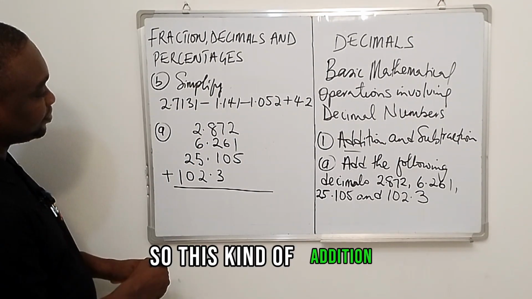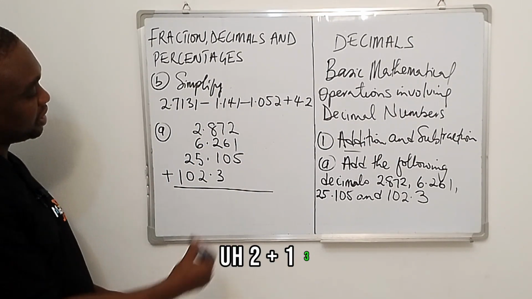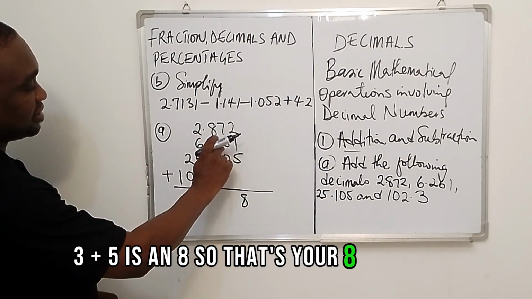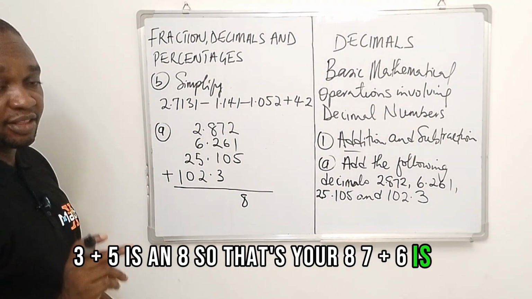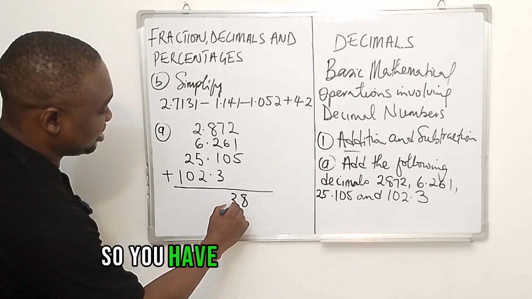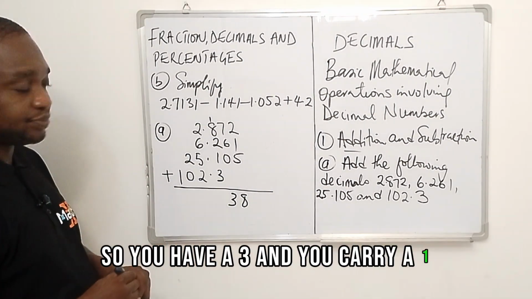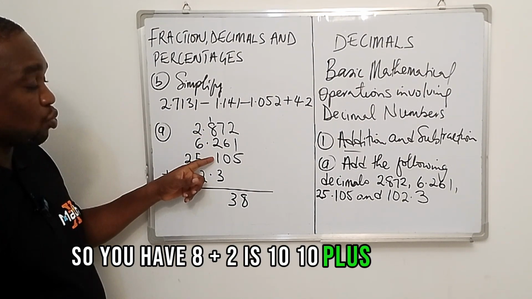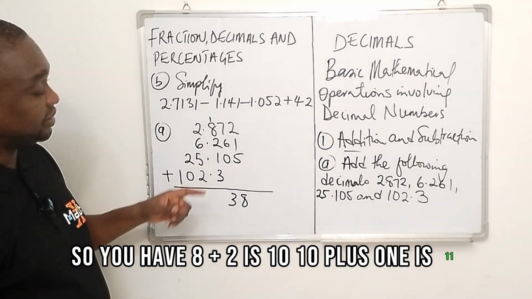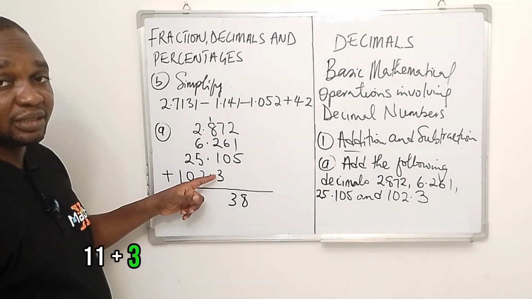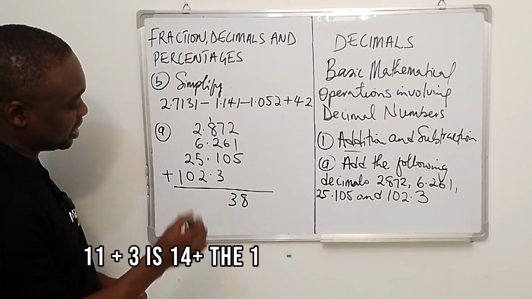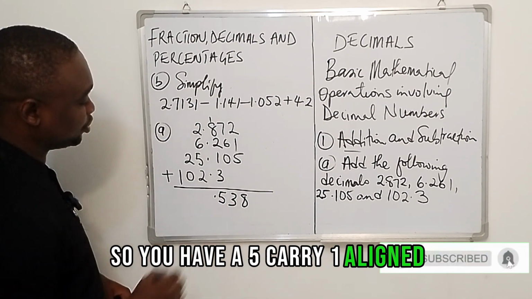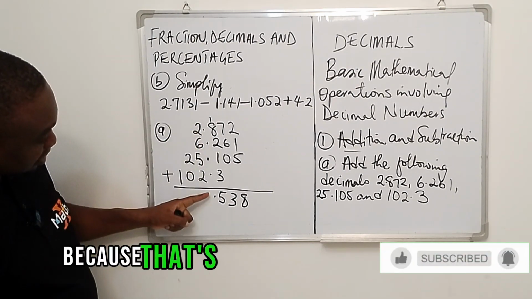So in this addition, 2 plus 1 is 3, 3 plus 5 is an 8, so that's your 8. 7 plus 6 is 13, so you have a 3 and you carry a 1. So you have 8 plus 2 is 10, 10 plus 1 is 11, 11 plus 3 is 14, plus the 1 here, you have a 15, so you have a 5 and carry 1. Then put your decimal point because that's where the decimal point is.